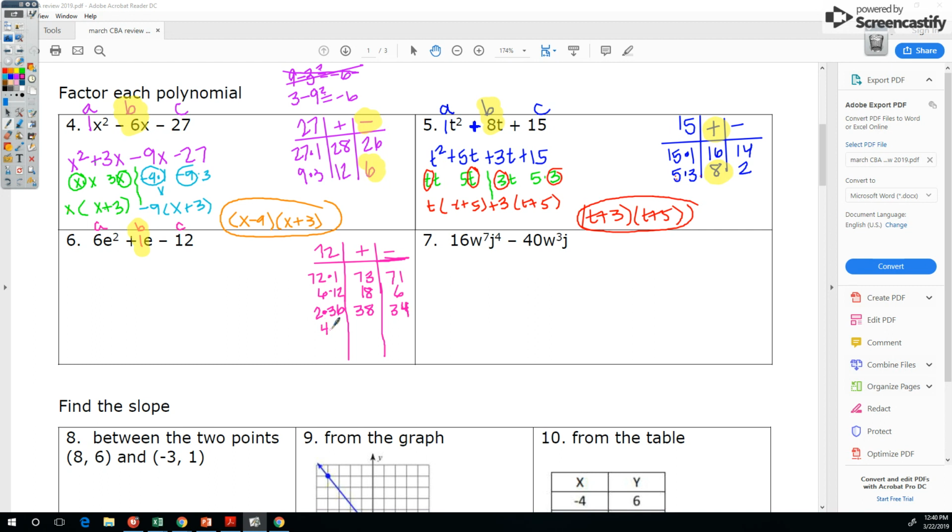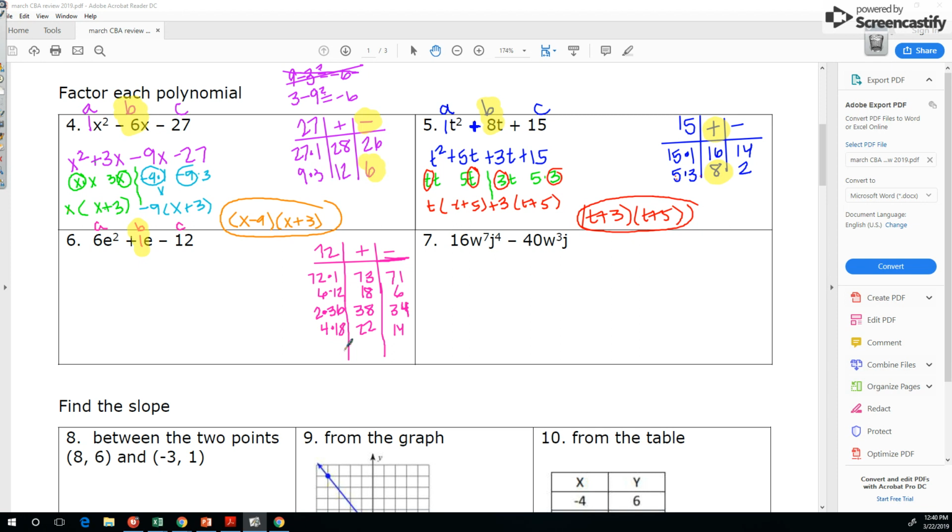Also, I have 4 times 18. That is 22 and 14. Yeah, that's not going to work.